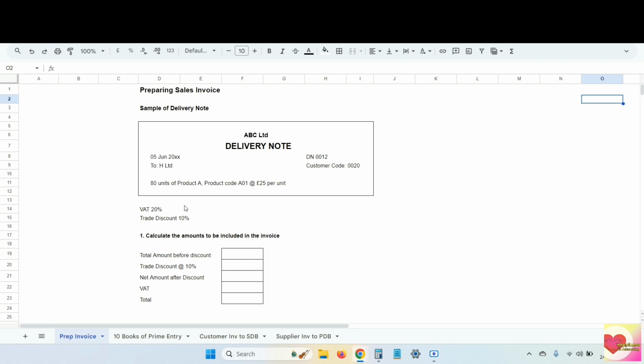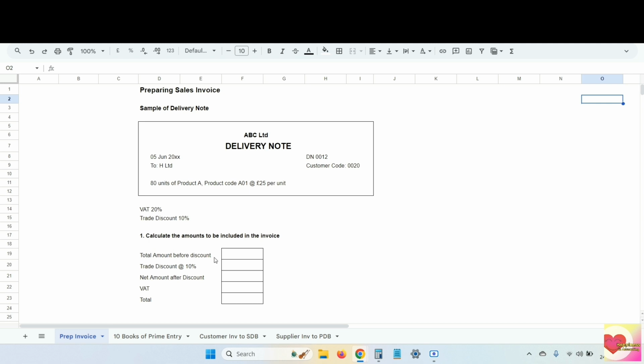Remember, the amount of trade and bulk discounts are already determined, so we could include them in the sales invoice. However, the prompt payment discount amount will only be determined upon payment if the customer decides to take advantage of that discount. Now let's calculate the amount to be included to our sales invoice.